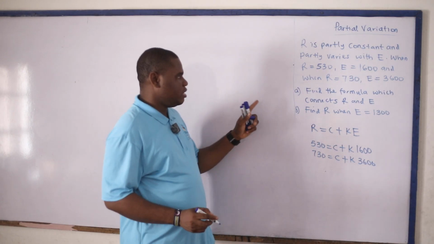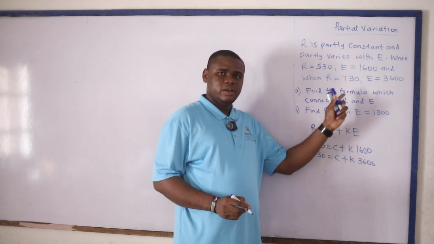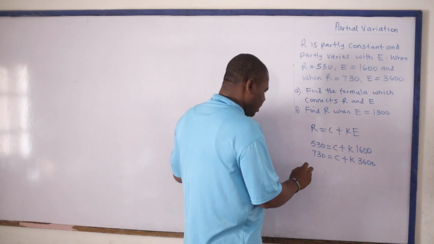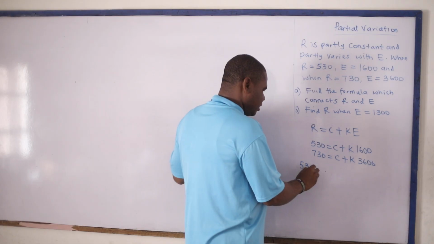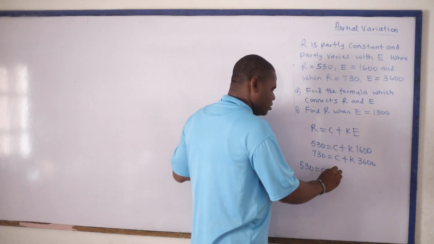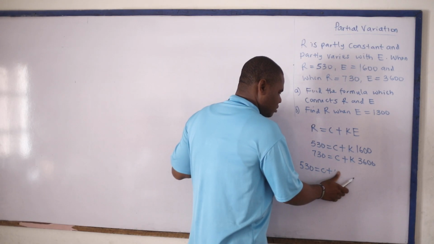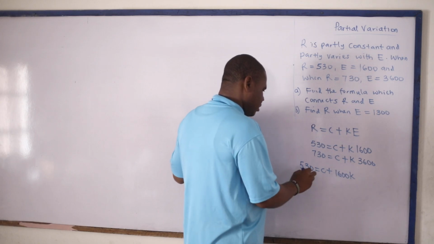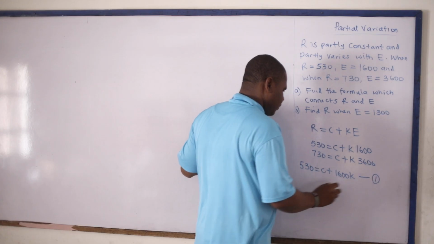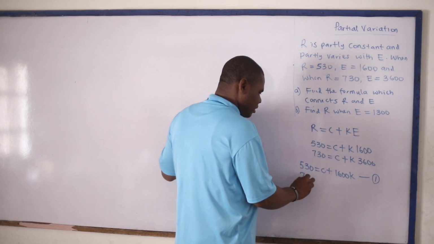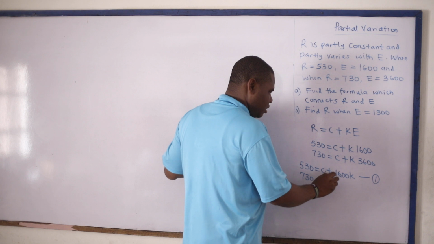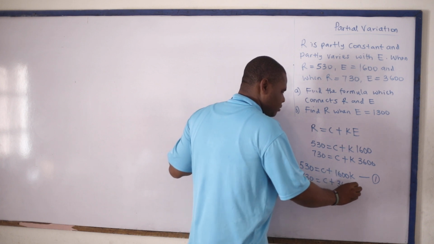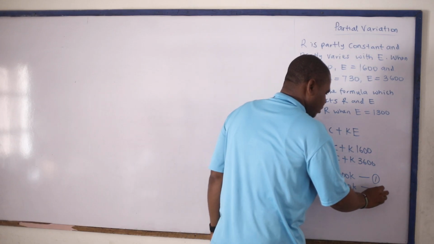So the first question is, find the formula which connects R and E. I can rewrite this as 530 equals C plus 1,600K, as equation 1. The next one, 730 equals C plus 3,600K, I can call that equation 2.